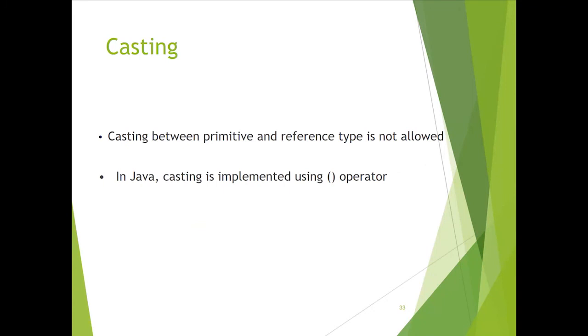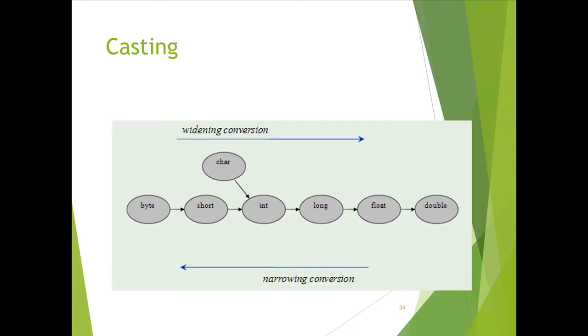Okay? So we have here, casting between primitives and reference types is not allowed. Pag primitive lang, primitive lang ang casting niya. Reference lang din. Okay? In Java, casting is implemented using the open and close parenthesis operator.